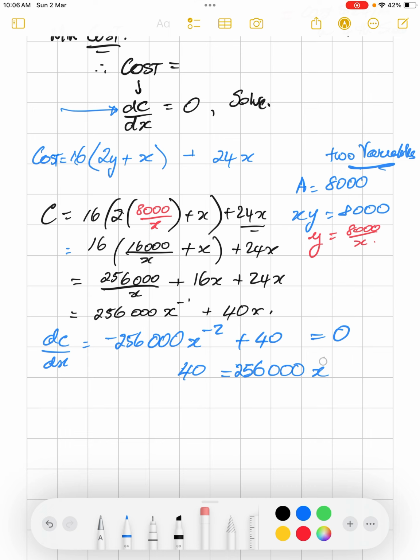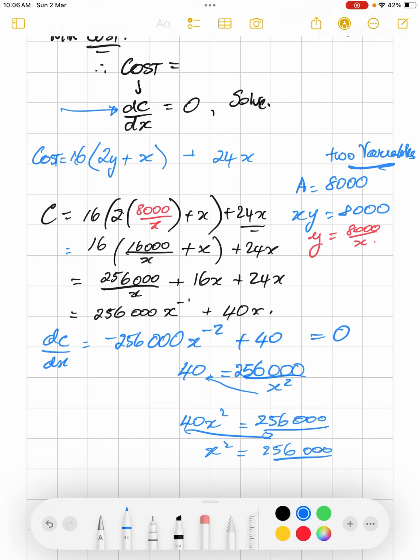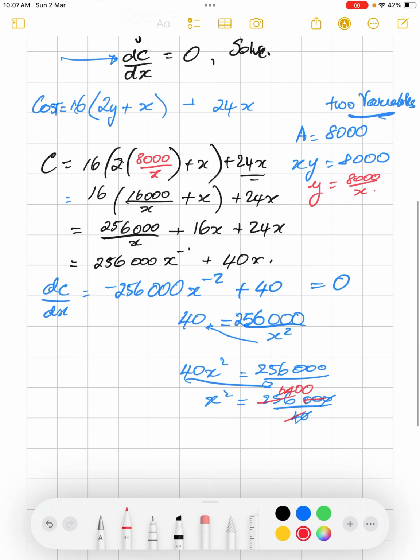Now we bring that x squared up to multiply with the 40, and take that 40 across to be divided underneath: 256,000 divided by 40. 4 goes into 256, 64 times, and then there are another 2 zeros. Get the square root. We won't use the negative of 6,400, so x is 80. We found, is it meters? 80 meters. We found an x.